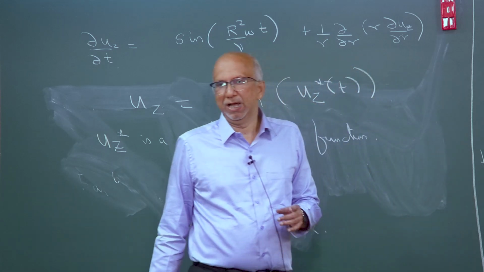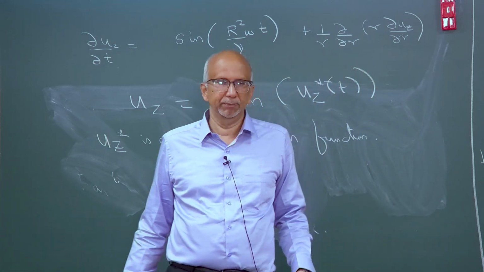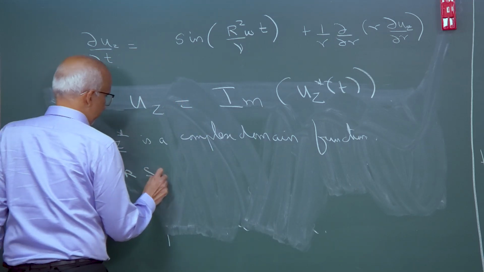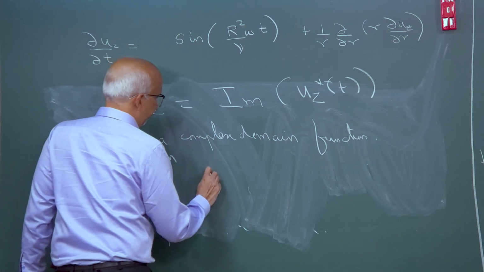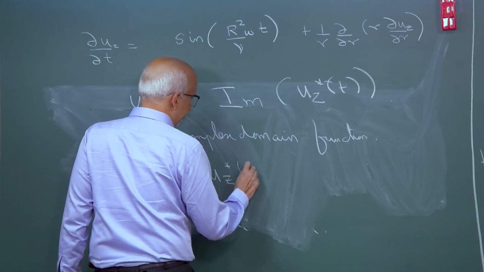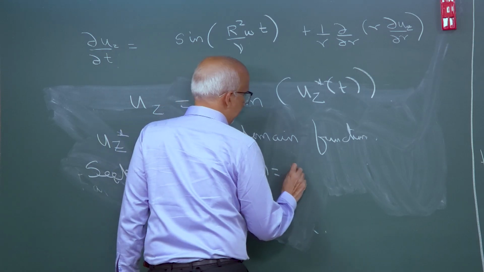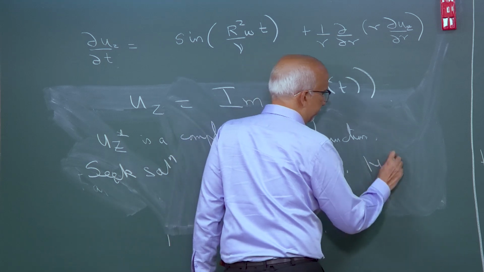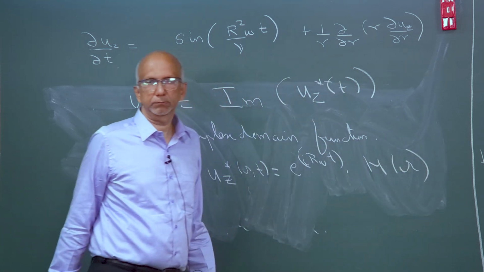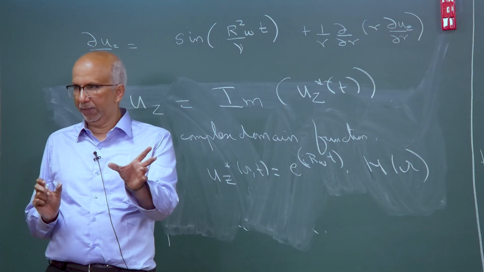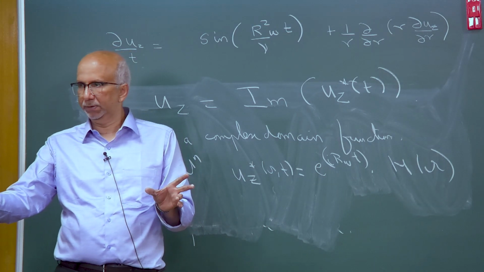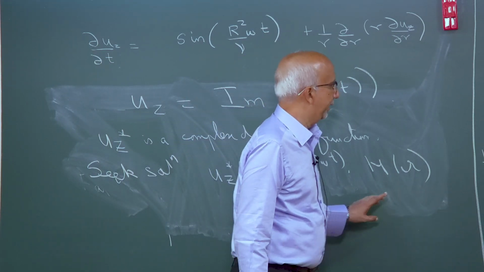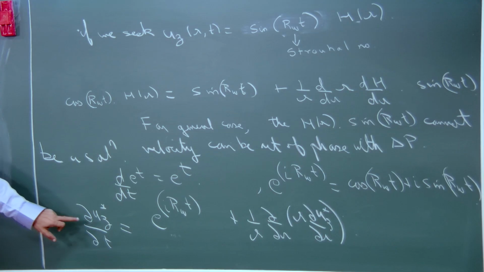But the advantage is, I can now say I will seek my solution as u z star of r comma t as e power I r w t multiplied by h of r. Okay, time dependent part multiplied by a space dependent part. Okay, that is what I got, e power I r w t multiplied by h of r, and now I substitute this back inside here.